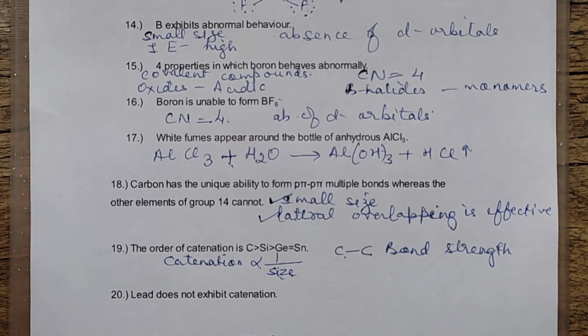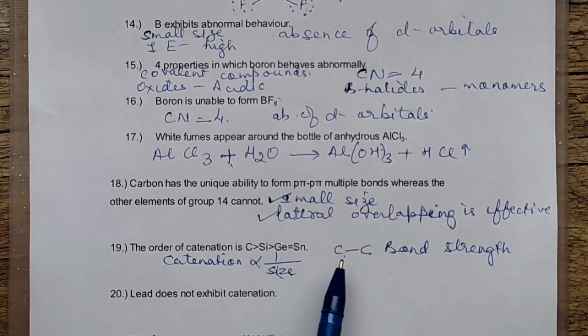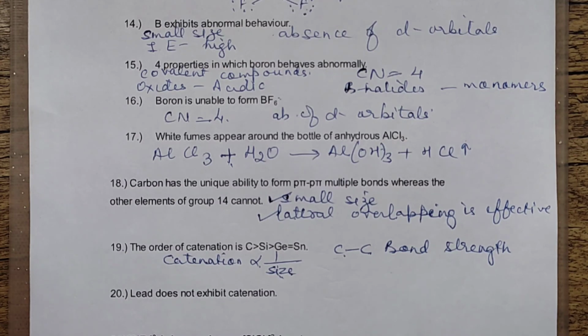Down the group, the size of the atom increases, bond length increases, bond strength decreases, so they will not have more catenation. In catenation, one very important thing, you have to talk about the single bond between them, not a double bond. If you are talking about a double bond, then it is not catenation.